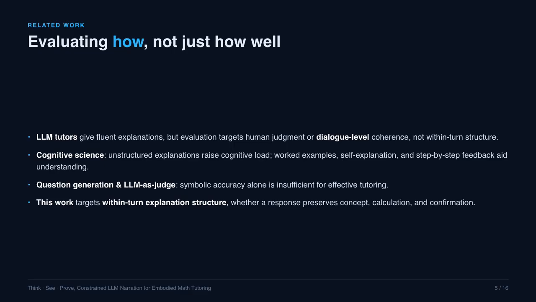From cognitive science, there is strong evidence that unstructured explanations increase cognitive load, and that worked examples, self-explanation, and step-by-step feedback all improve understanding relative to holistic responses. Separately, research on automatic question generation and on using an LM as a judge has shown that symbolic accuracy alone is insufficient for effective tutoring. So across these threads, the common gap is a lack of attention to within-turn explanation structure.